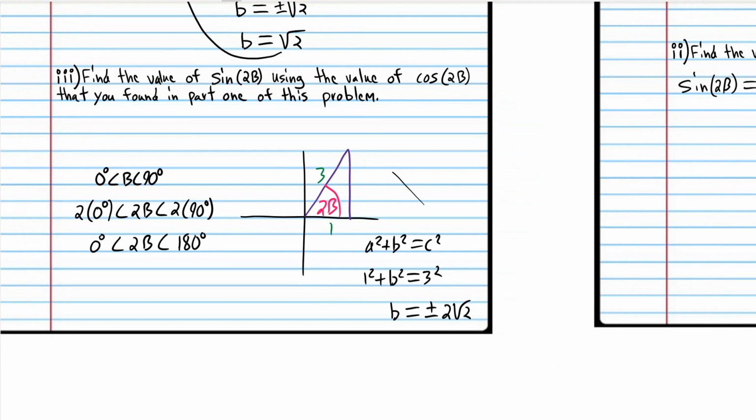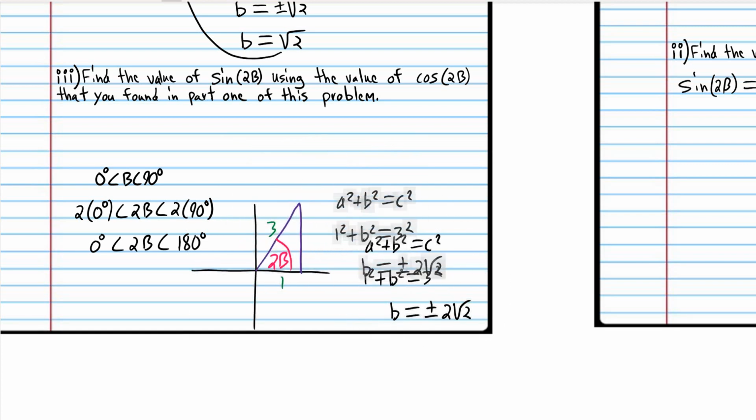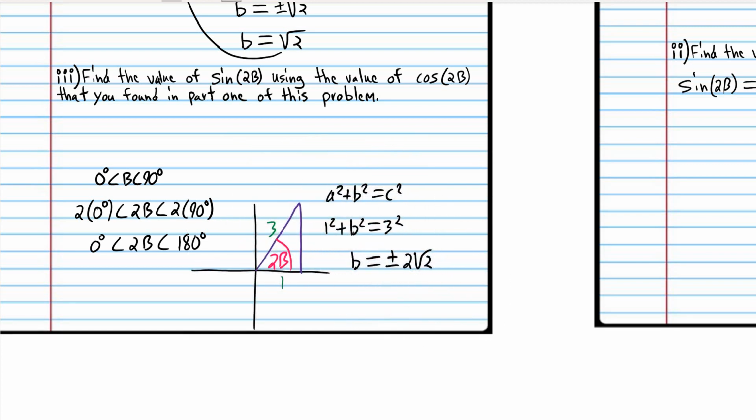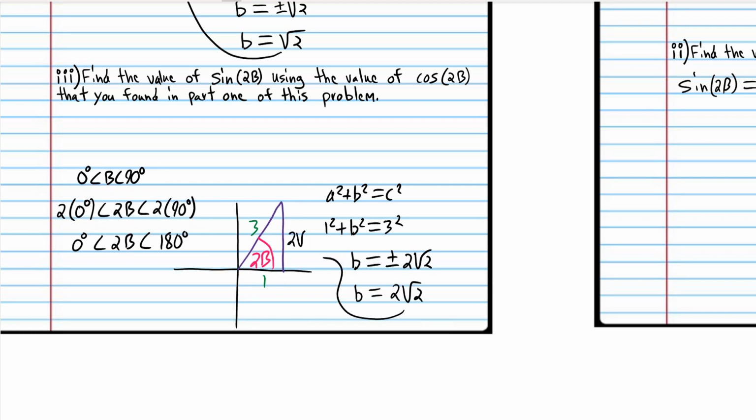And is this side going to be positive or negative? Well, obviously it's going to be positive because that side is above the x-axis. So it's positive 2 root 2, and we can put that number here.